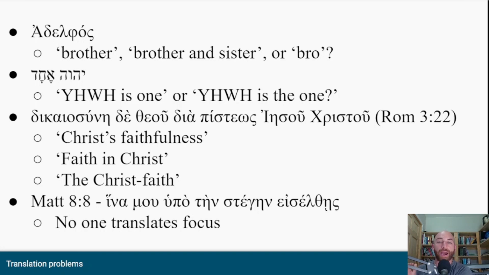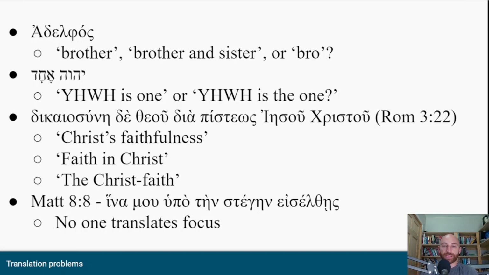Again, those are all grammatical arguments. The point here is the translation is based on whatever grammatical argument is best, right? Given the context, given how these words are used in Greek. So those are the kinds of things that have to be considered when doing a translation.